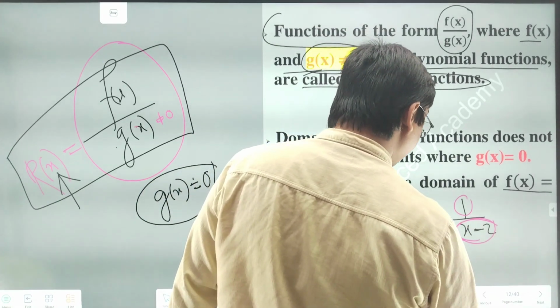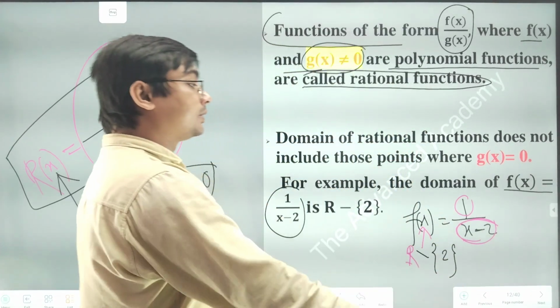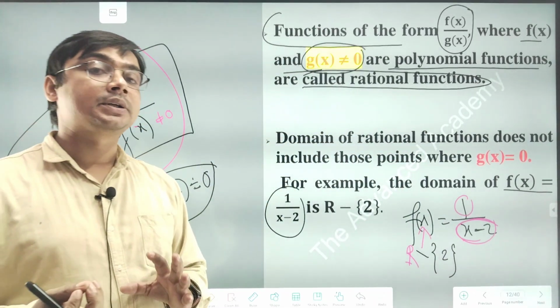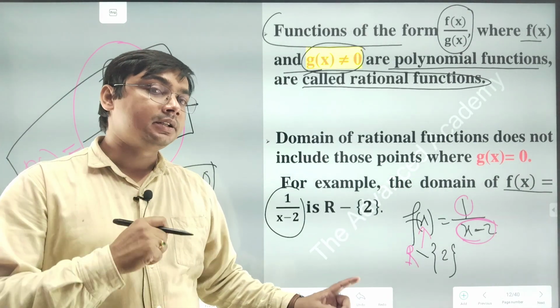That means the domain will be R minus {2}. Excluding 2, all the other real numbers will be in the domain.